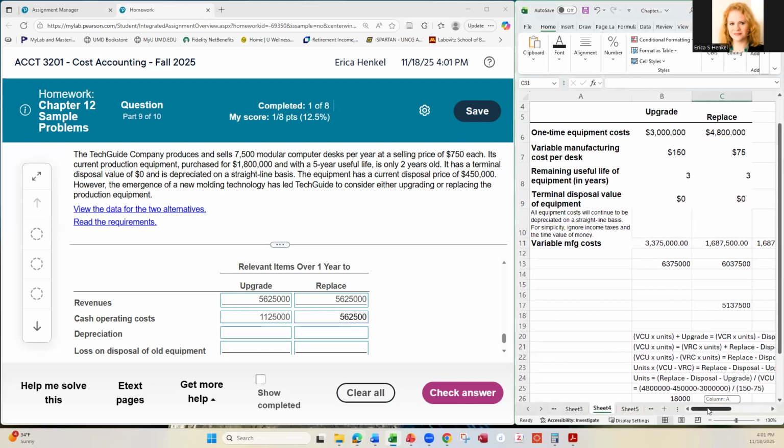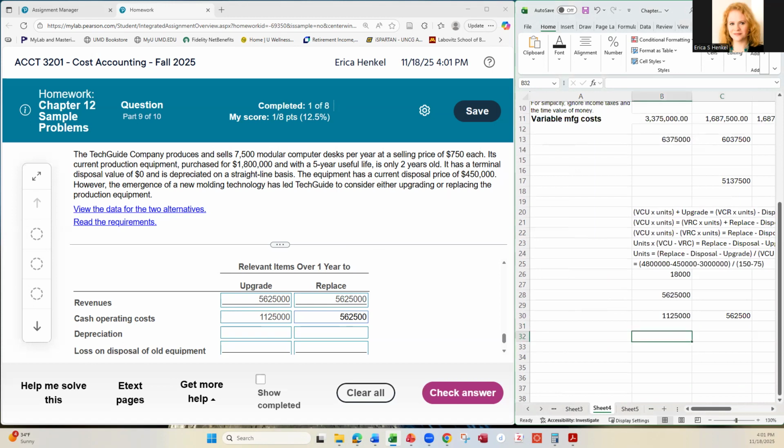Let's take a look at that. We have 3 years of useful life with no disposal value at the end of 3 years, we're assuming. We originally paid 1.8 million divided by 5, plus the depreciation of the upgrade, which is 3 million.